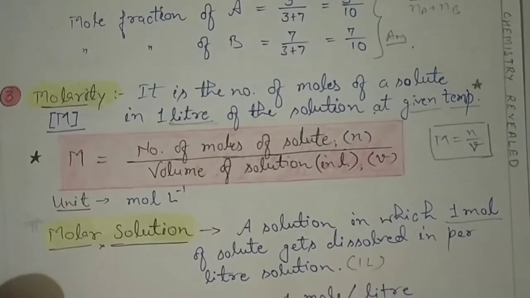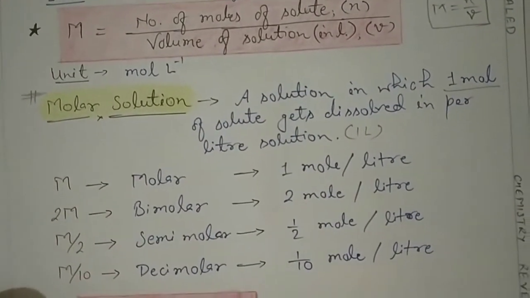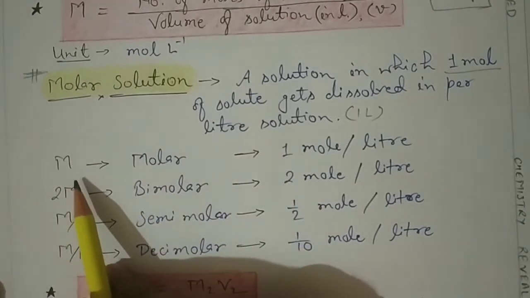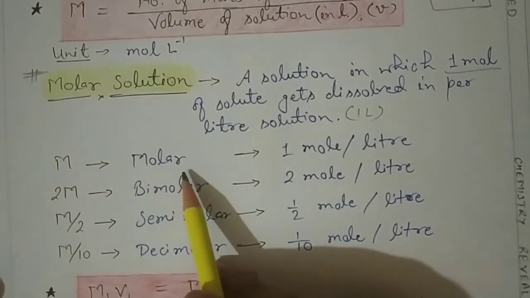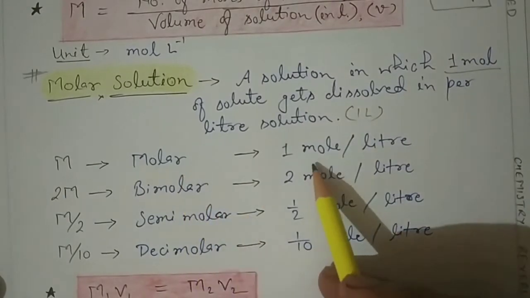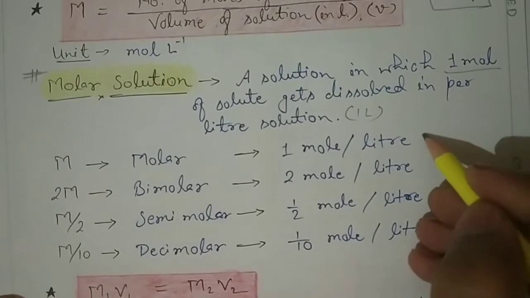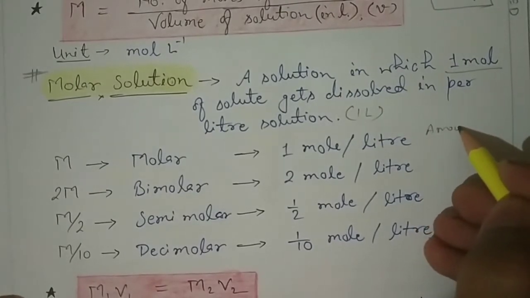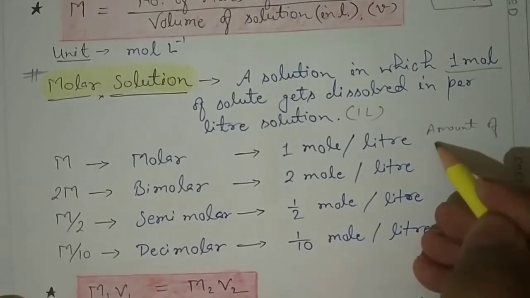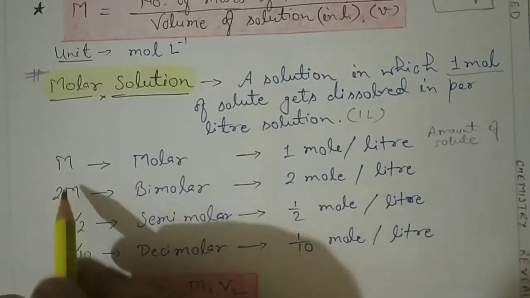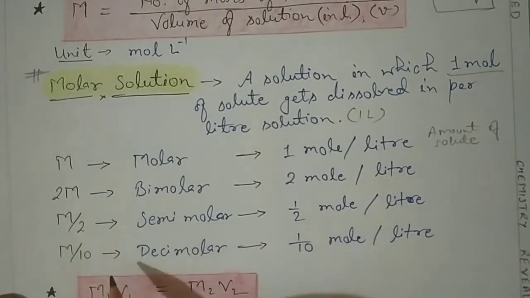Let's take some terms related to molarity, or you can say molar solutions. If a solution is represented by M, that is called molar, and this term represents the amount of solute. Okay, this is the common name and these are the symbols for the solution.